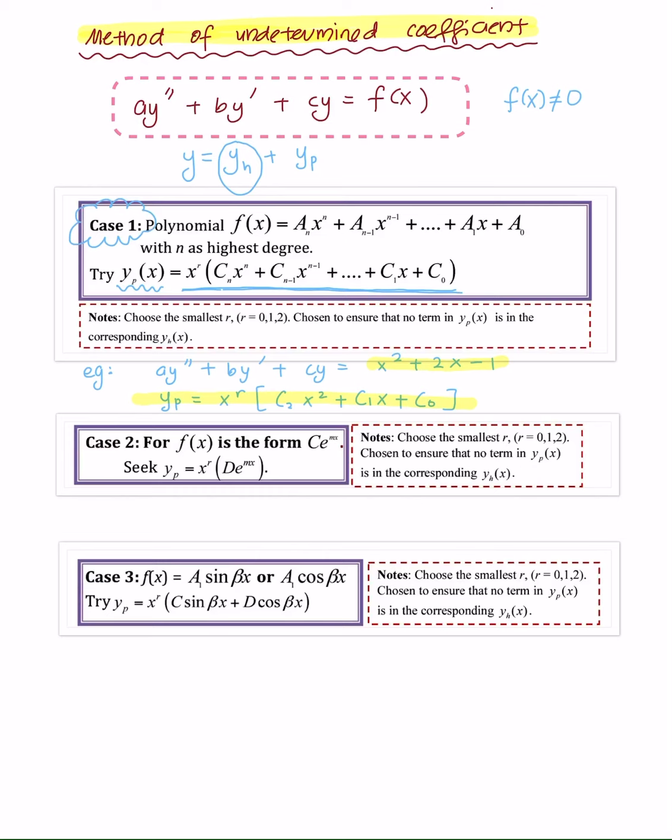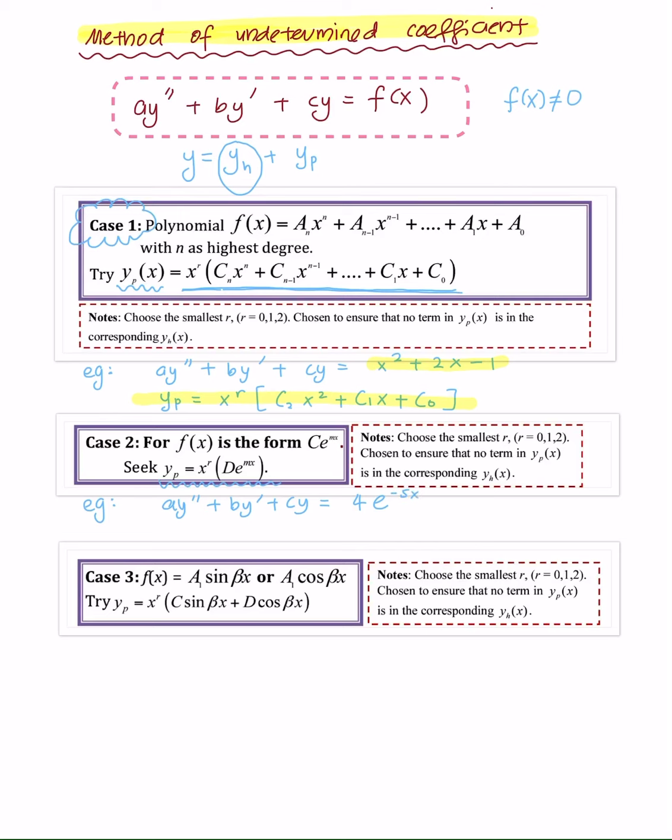Now we want to move to case 2, where f(x) is in the form of an exponential. For yp it is going to be x^r times d e^(mx). For example, we have ay double prime plus by prime plus cy equal to, let's say, 4e^(-5x).